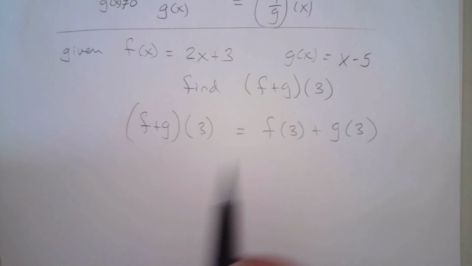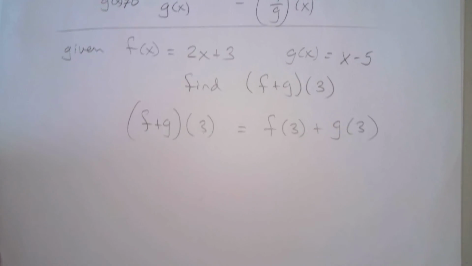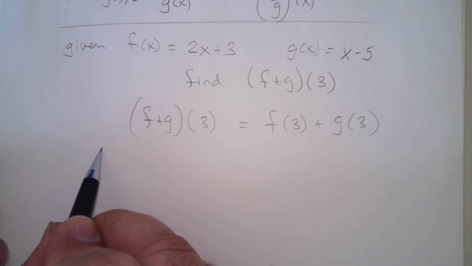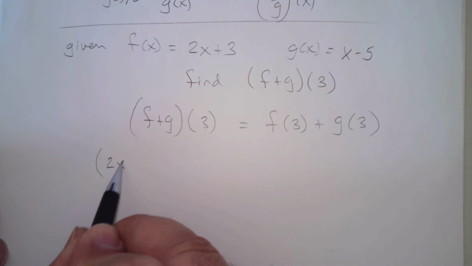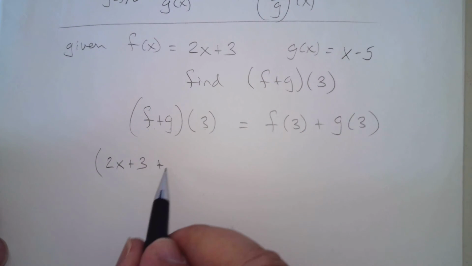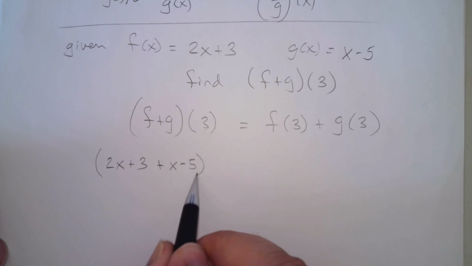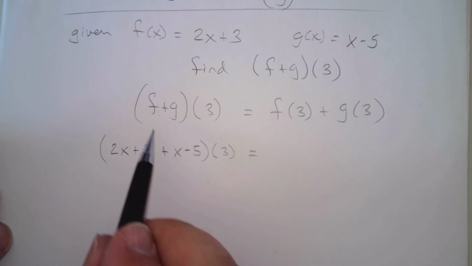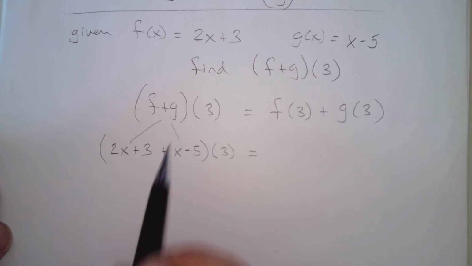Now let's look at the left side. We're going to work both sides, and we're going to see that one side is much easier than the other. What this one says is I can combine both of these functions first. Here's f of x, and here's g of x.